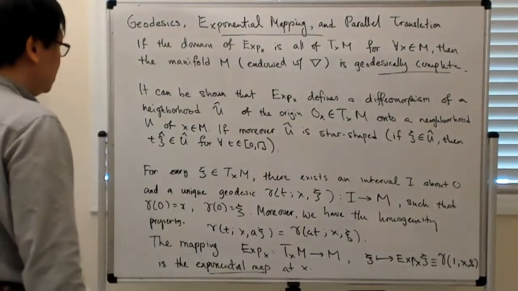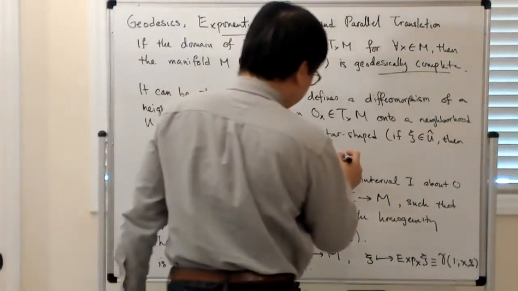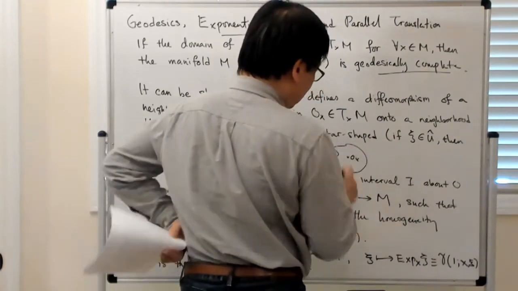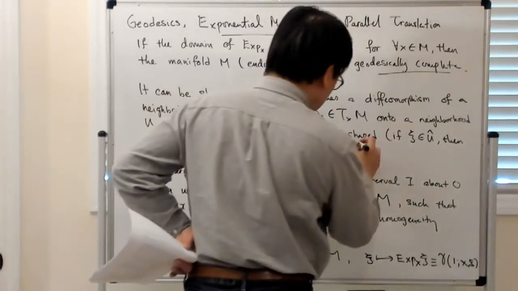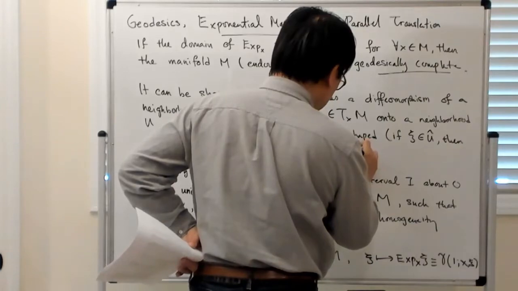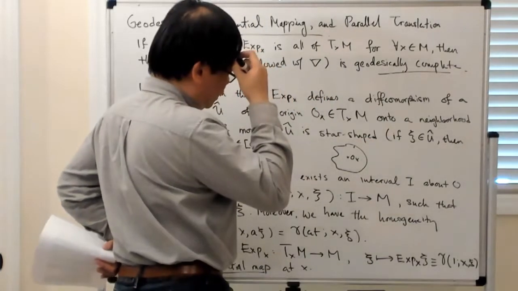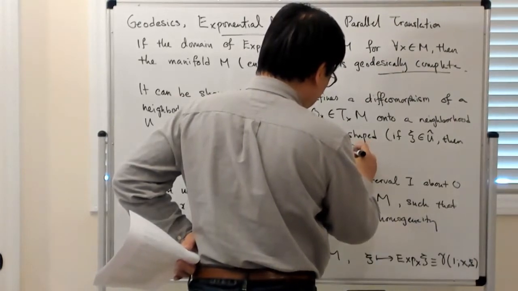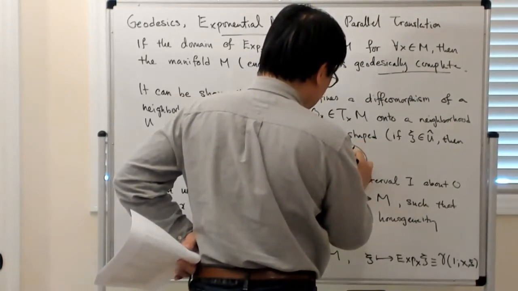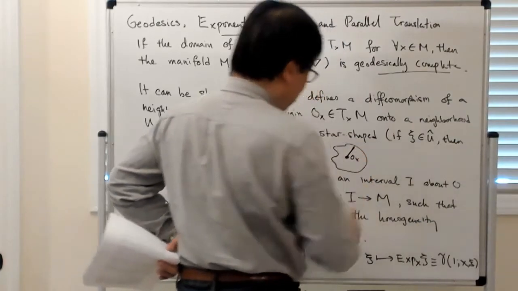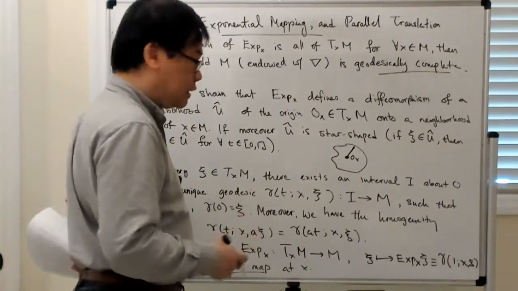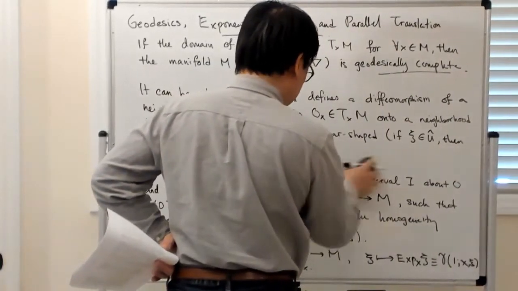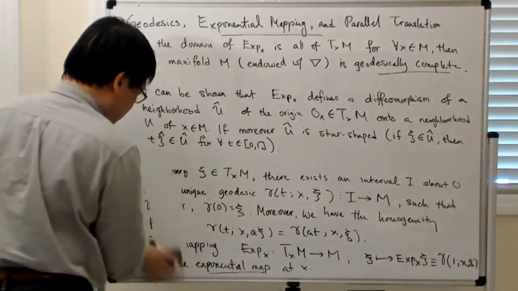Another way to think about this is that star-shaped is usually with respect to a distinguished point, the origin. If you have any point in the domain, then anything in the line segment joining that point to the origin is also in that domain. Okay, so that's what's meant by U hat being star-shaped.